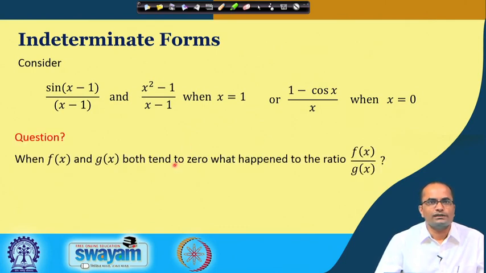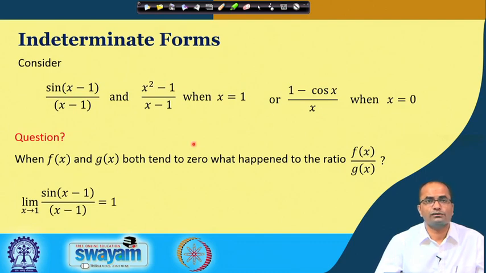So, the question is: when f and g both tend to 0, what happens to the ratio f(x) over g(x)? In each of these examples f(x) and g(x) both tend to 0, and now we want to see what will happen to these expressions.